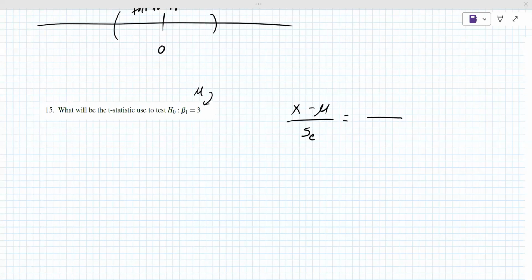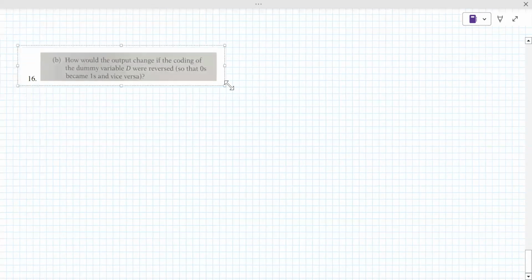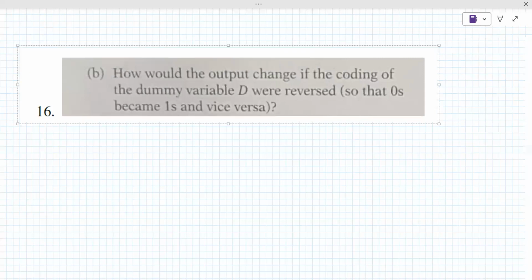16. I'm a little bit confused about 16, because I understand how the standard error is not going to change, because it's still going to be the same distribution basically. But I don't understand how the sign changes, because the answer key says the sign of B2 is going to change, but we're not adding any negatives.